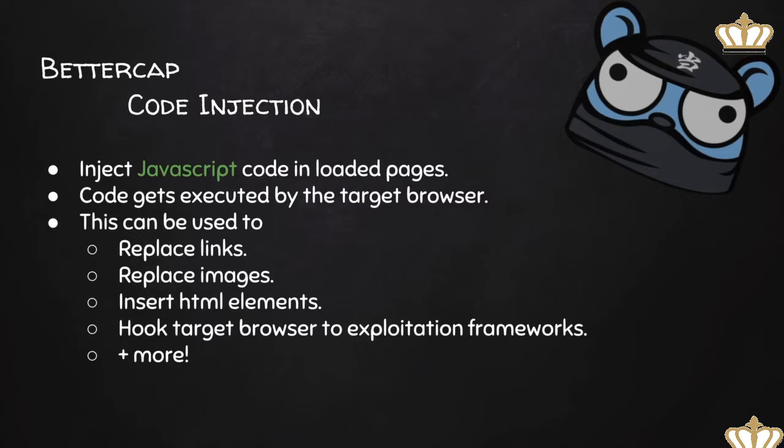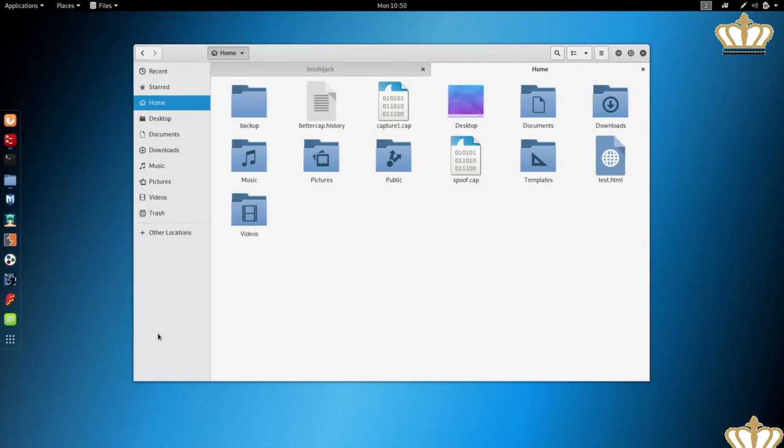But for now, I'm going to show you how to inject a very simple JavaScript code into the loaded pages, and then we'll build up on that in future lectures and see how powerful and useful this can be. So, right here I have my Kali machine, and before I run BetterCap and show you how to inject JavaScript, first of all, we need to have some JavaScript code to inject into the target browser.